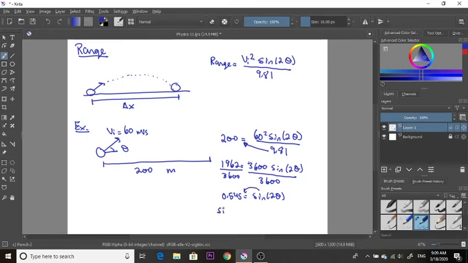It becomes sine inverse of 0.545 equals 2 theta. And again, remember, make sure that your calculator is in degrees. So second function sine of 0.545 is equal to 33.